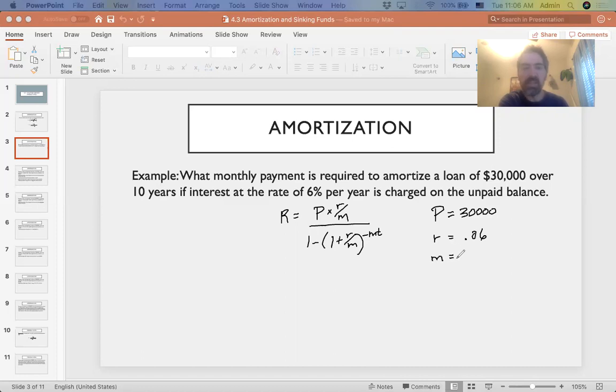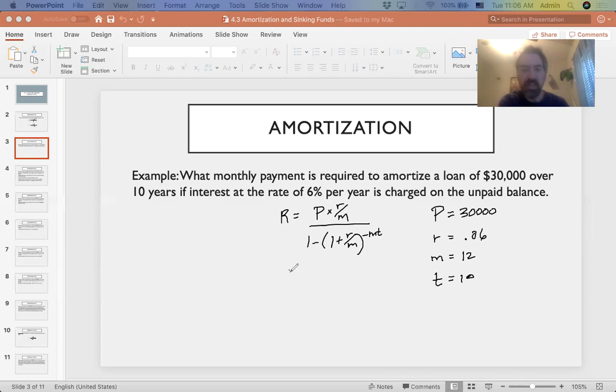It does not indicate how the interest rate is compounded, but we can assume that it's the same compound as the frequency of the payment. We're making monthly payments, so we would assume that the interest is being compounded monthly. So M is 12, and this loan is over a 10-year period, so T is equal to 10.